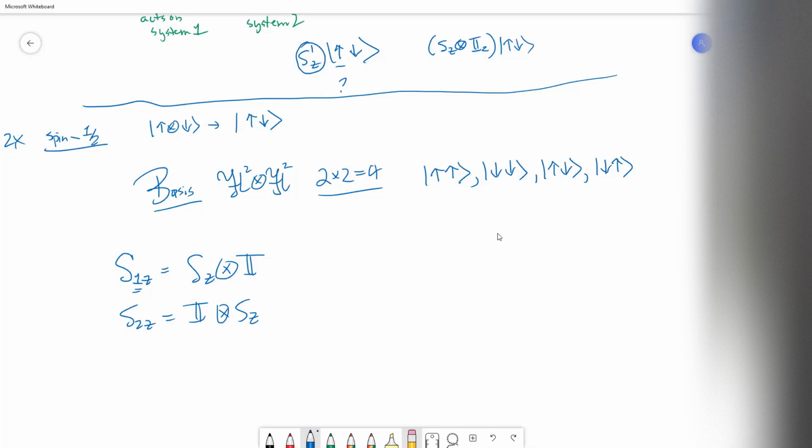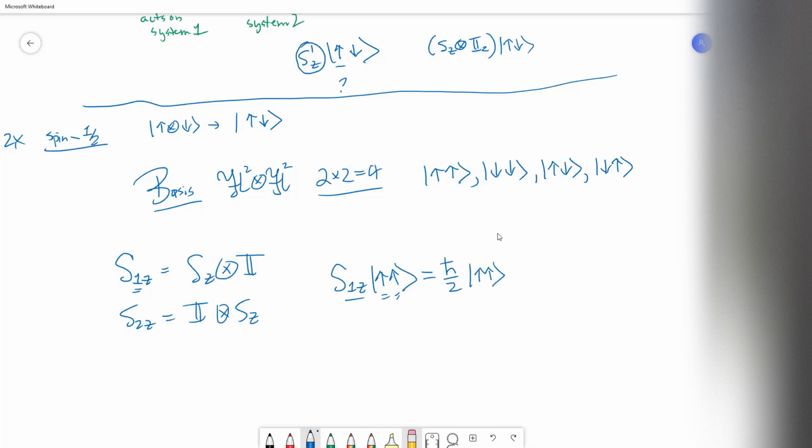So for instance, if we have S1Z acting on, say, the up, what would this do? Well, it would measure the spin component of the first guy, which would give us an H bar over 2, and do nothing to this one. So you would get H bar over 2, up, up.